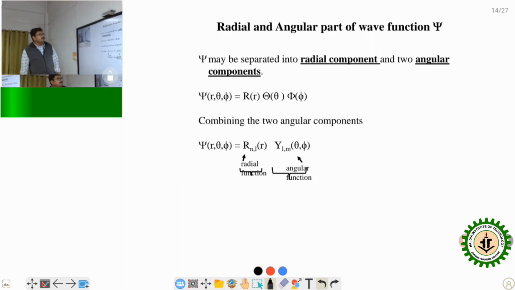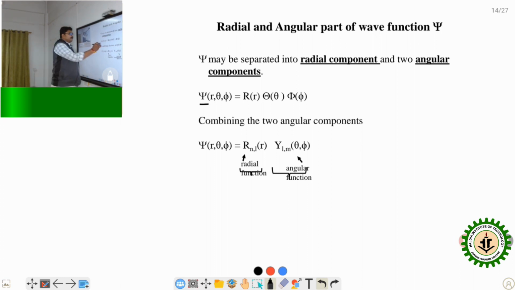Okay. So now you can separate the full wave function, described in the spherical coordinates r, theta, phi, into 2 parts: one is the distance part and another is the angle part. The distance variable we call the radial component. This gives you the size of the orbital, because if you increase r, you increase the size of the atomic orbital.